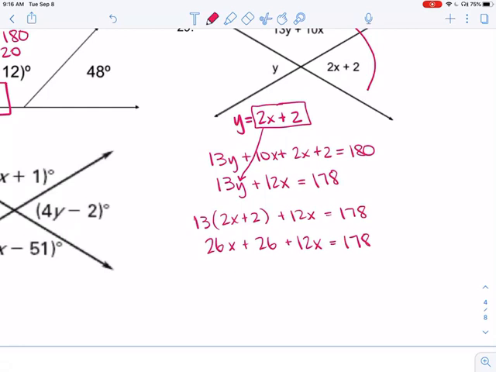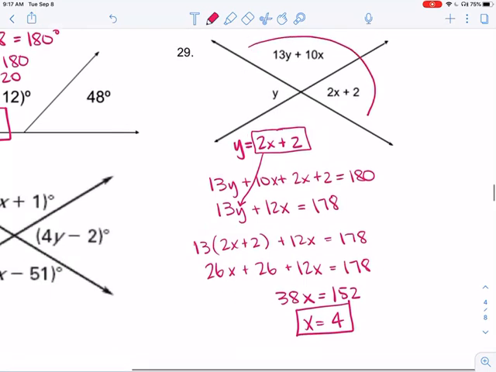If I do 178 minus 26, that gets me 152. And 38x. So x is equal to 4.